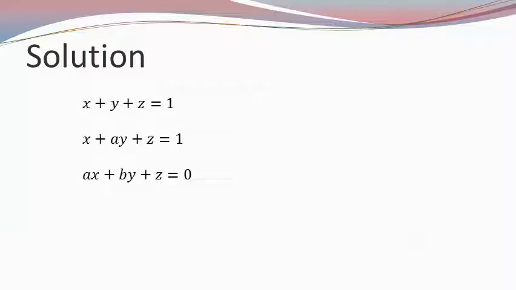Let us write down the system of equations again and consider the second case where a is not equal to 1. Now taking the difference of the first and the second equation, we find that (a minus 1) times y is equal to 0. Now a is not equal to 1, therefore y must be equal to 0.